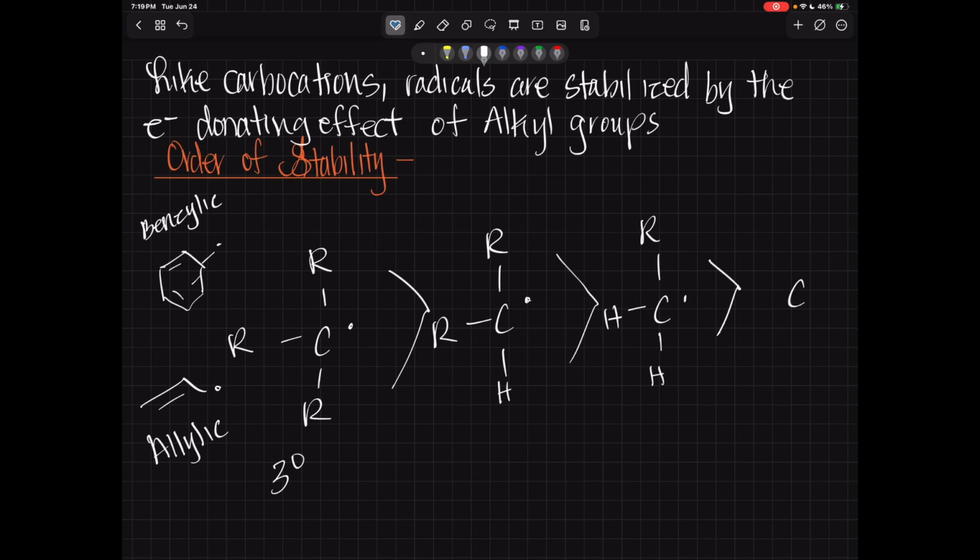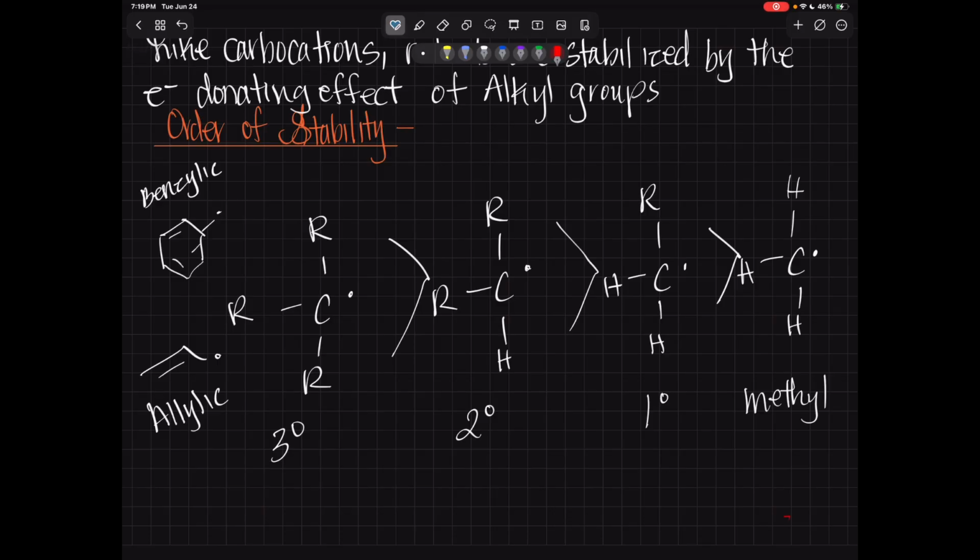And lastly, of course, a methyl radical. And stability from, in this case, is going right to left, where your methyl is your least stable and your benzylic, allylic, and tertiary are going to be your most stable in terms of free radical.